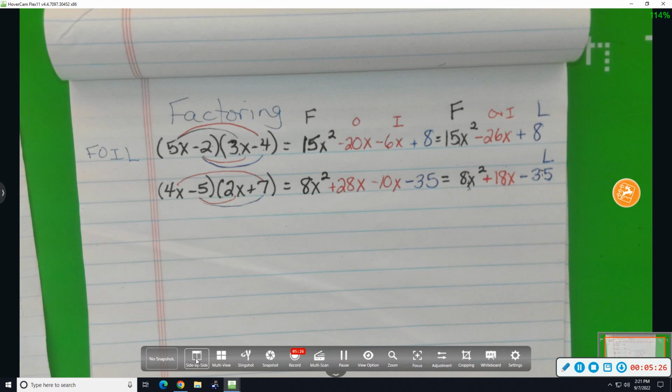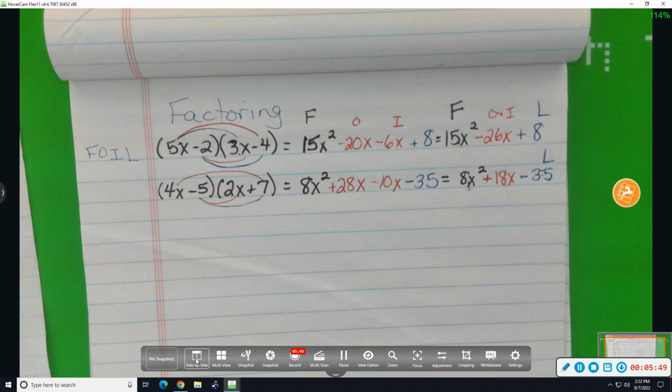Think about what sort of numbers multiply together to give a positive number. Two positives and what else? Two negatives. Okay? If you're going to multiply two numbers and get a negative answer, then what do you have to have?